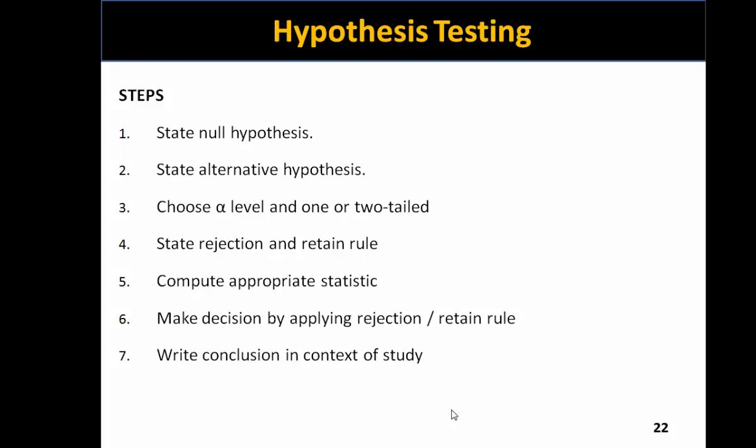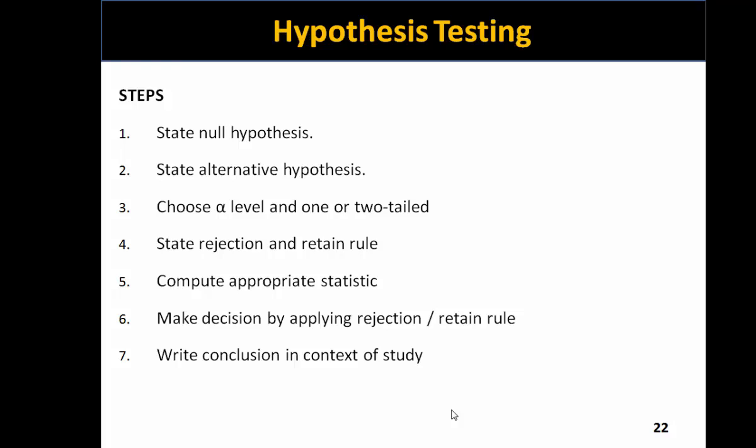In moving through the process to answer the question, we follow the exact same set of steps. So we state the null hypothesis. Automatically, that moves us to the alternative hypothesis. We choose an alpha level and whether our question is directional or non-directional. We then state the rejection retain rule, and we can do that once we look up the critical t-value.